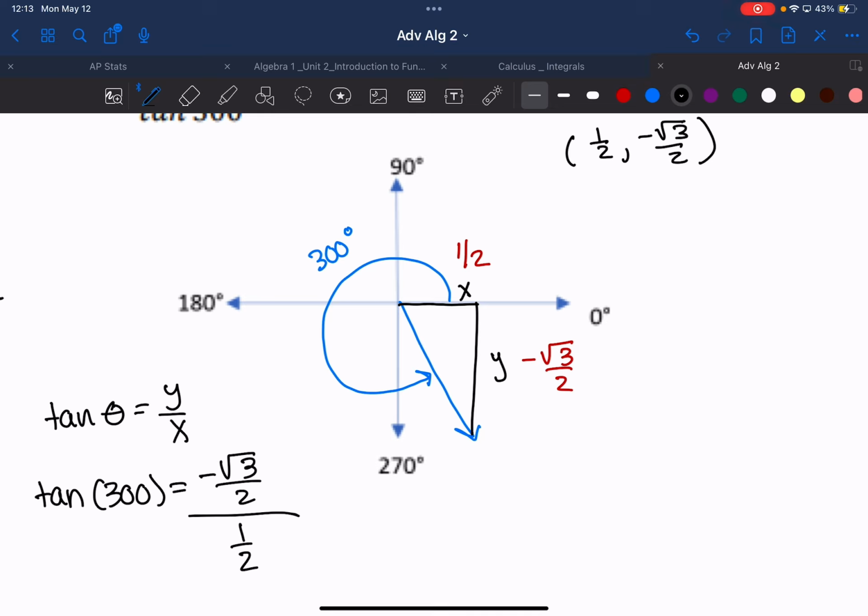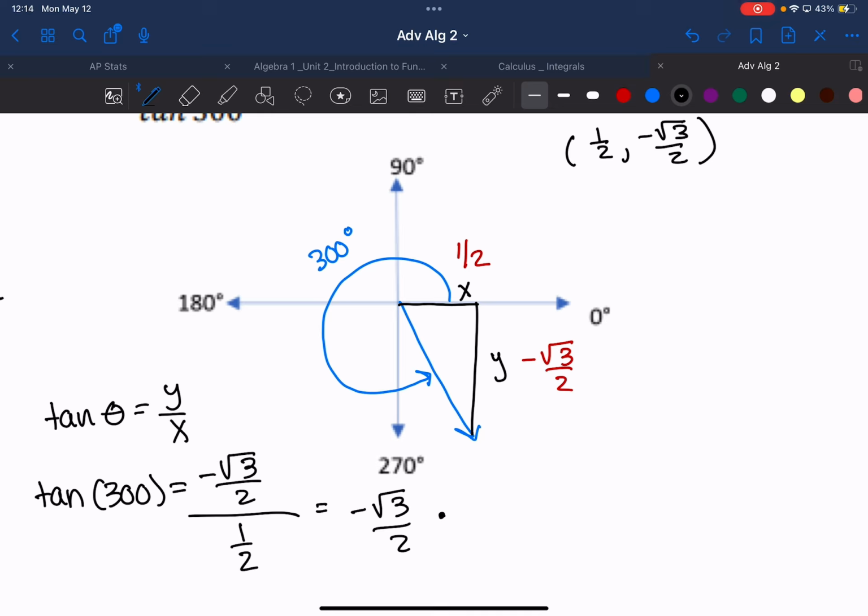We have a fraction divided by another fraction, which means that's the same as taking the numerator and multiplying by the denominator's what? Anybody? Bring it back to middle school math. Negative square root of 3 over 2 times the reciprocal.